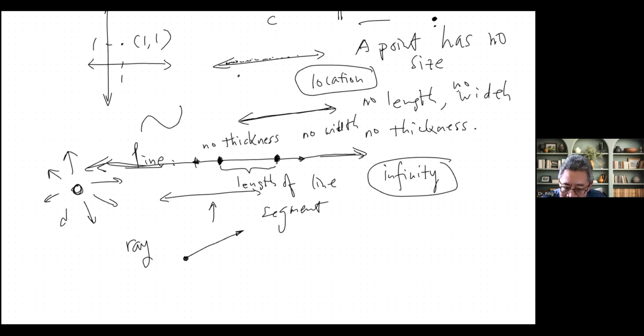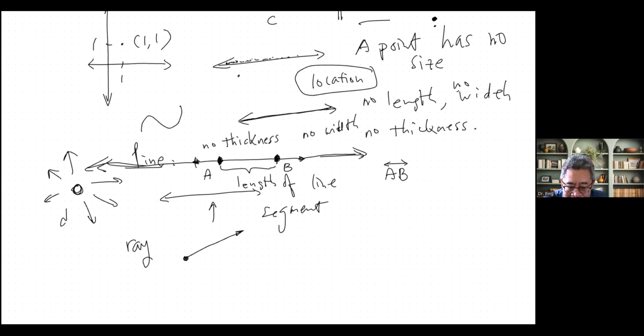Now, how do we represent a ray? We have to go back a little bit. How do we refer to a line? Because there could be several lines. The way we refer to it is to pick 2 points, put a letter to each, and call it AB. A line we write like this, with an arrow on both sides. That means there's no beginning and no end.